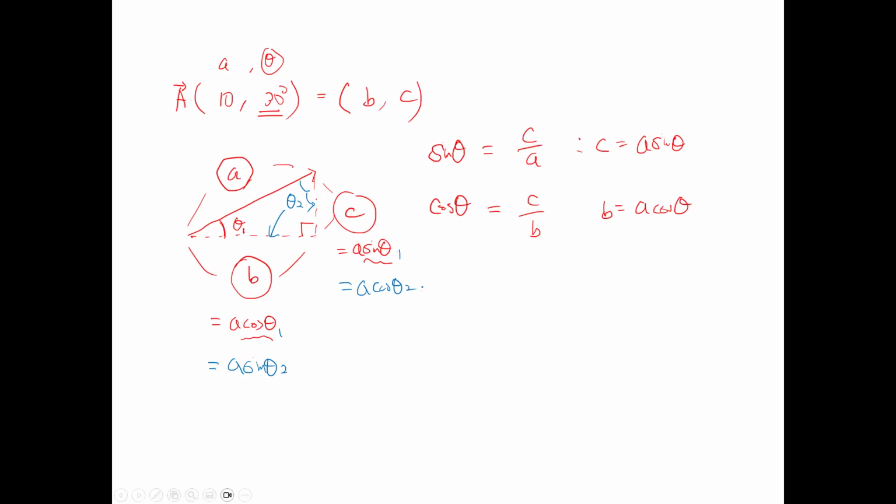So it really depends on which angle is given, but you may have a question about how these are the same. This is a triangle and this angle is 90 degrees, so theta 1 plus theta 2 is always 90 degrees. That means sine theta 1 is cosine theta 2. For example, sine 30 degrees is cosine of 90 minus 30, which is 60 degrees. Which are the same, 1/2, right?